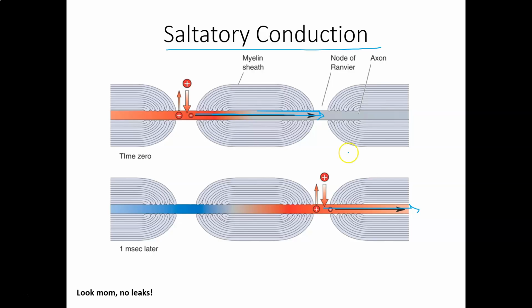Sodium at this node gushes in and moves to the next node. What you're seeing with saltatory conduction is kind of bursts of action potential at each node, and the sodium is driven down to the next node under the myelinated section of the axon.